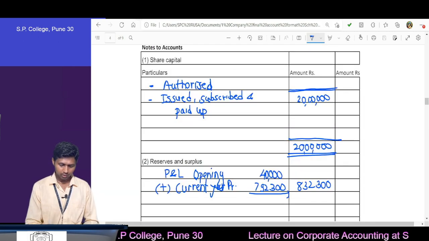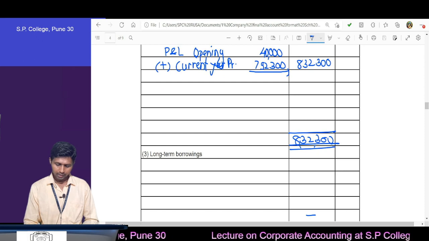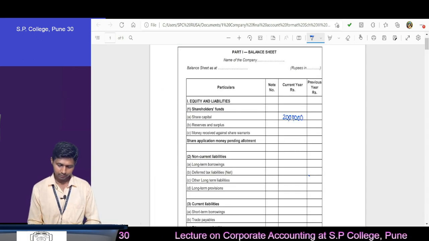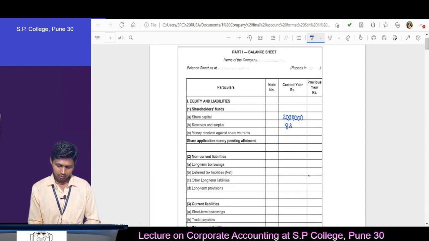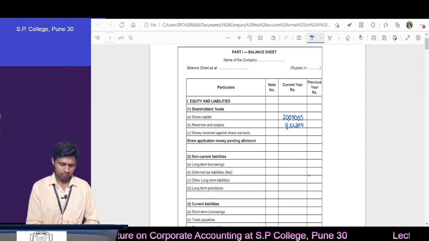Reserve and surplus total 8,32,300. Okay.